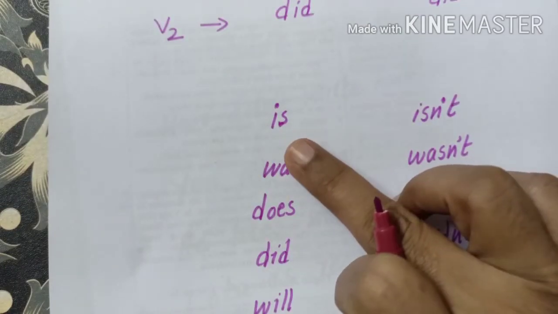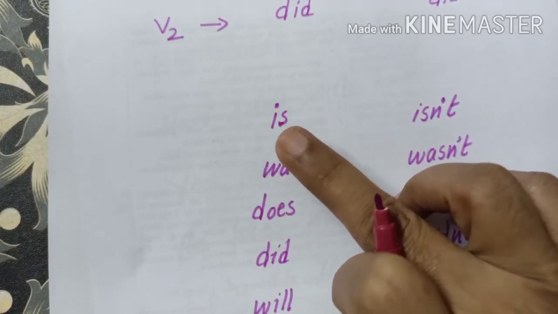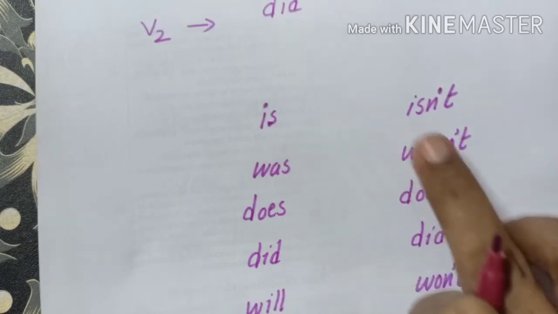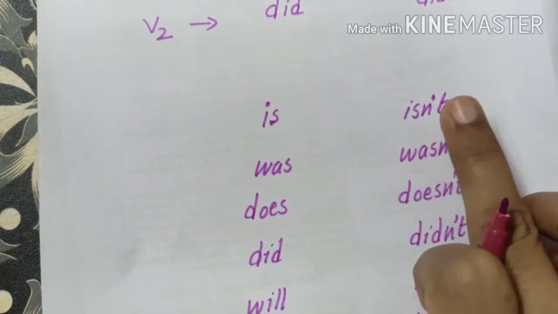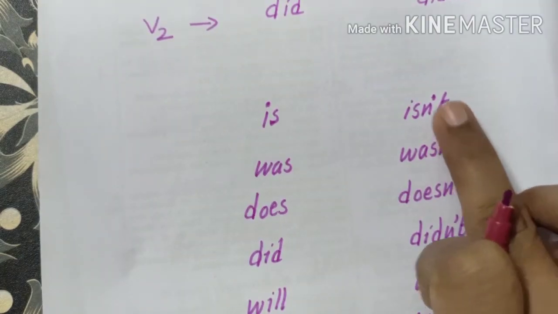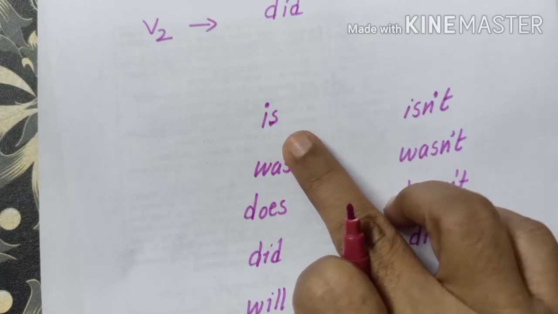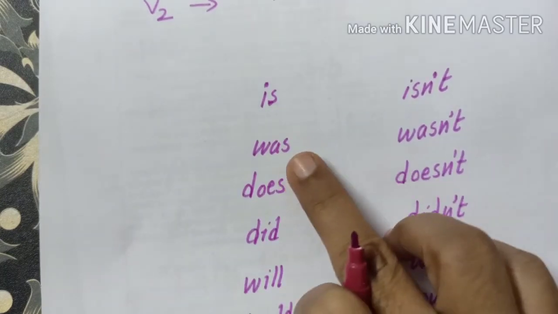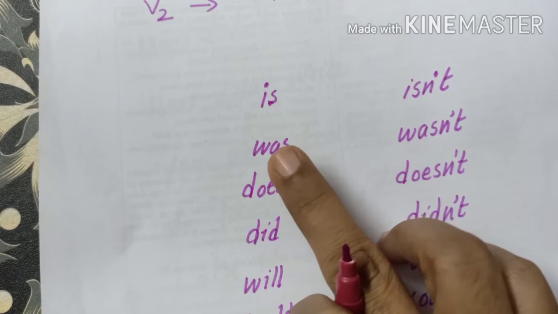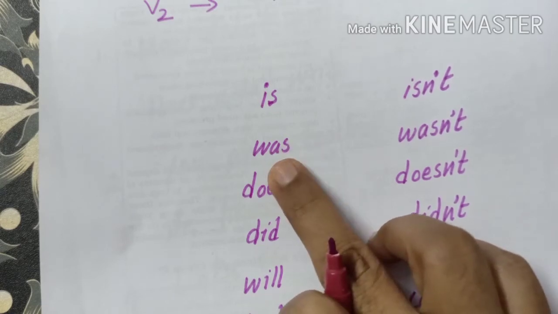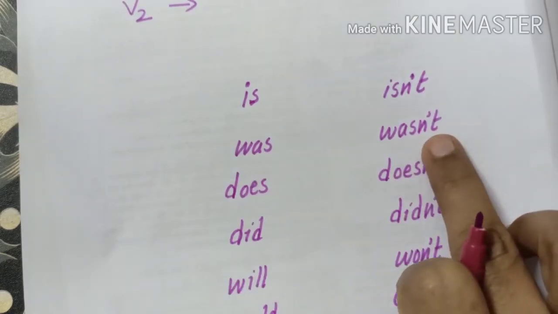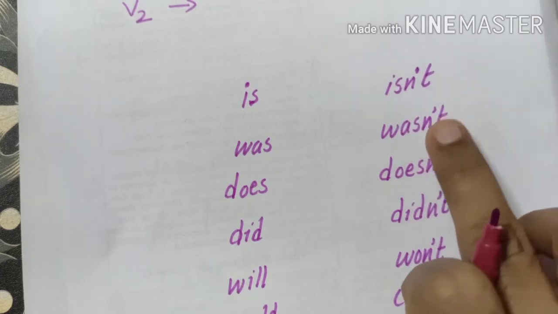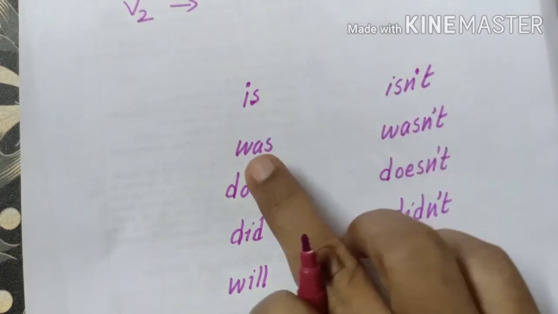Okay, if there is an auxiliary verb is in the sentence, you should write isn't. If there is isn't, write is. Okay. If was is there, was as an auxiliary verb is there, use the question tag wasn't. If wasn't is there, use was.